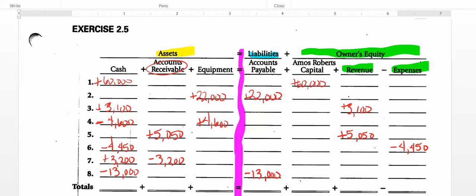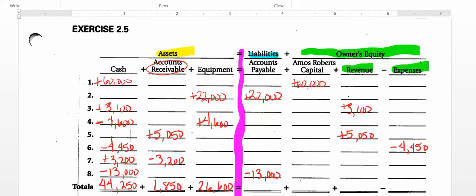And in the end, you should get a total of $44,250. For accounts receivable, we're going to subtract $3,200 from $5,050, and we will end up with $1,850.